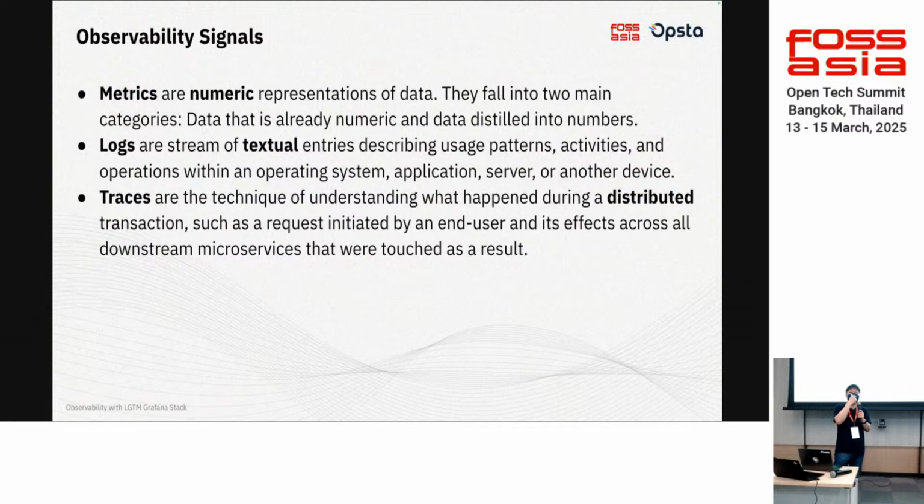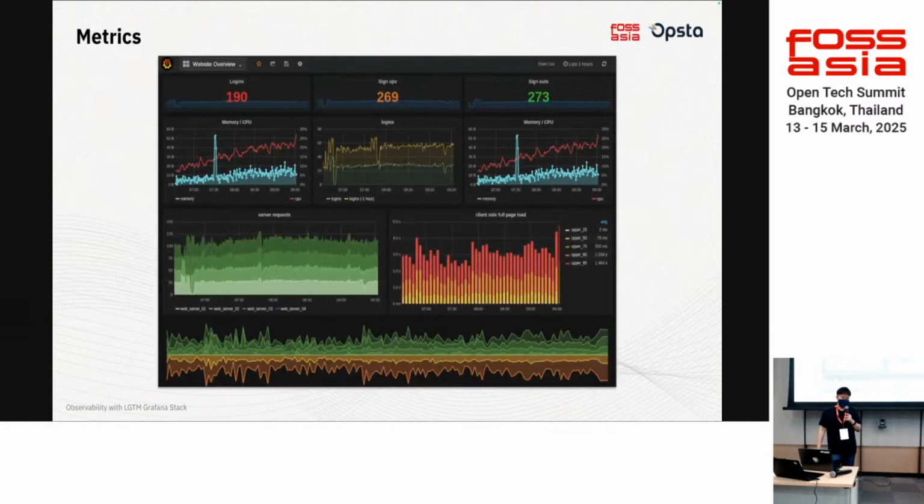Tracing is distributed, meaning that when you access something, the request jumps from one microservice to another. So I will go deeper into each one and show you examples of the observability signals.